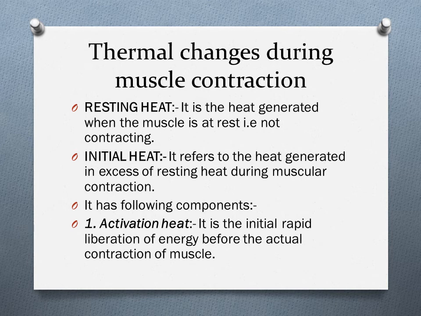Resting heat is the external manifestation of the basal metabolic process of the muscle. Now coming to initial heat. It refers to the heat generated in excess of resting heat during muscle contraction. It is made up of the following components.